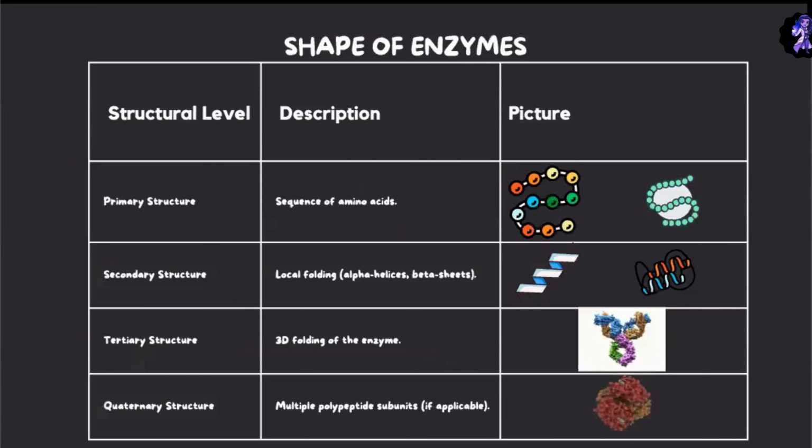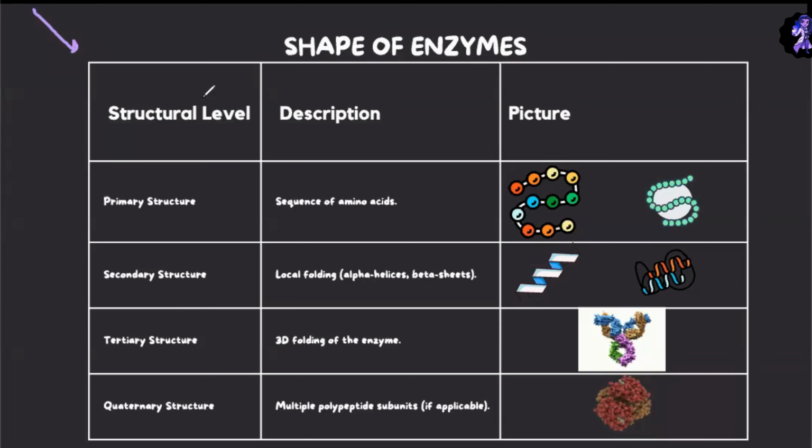Now, when we talk about enzymes, we can talk about how they get to where they are by different structural levels. What I created here is a little table, and this is going to help you understand the four structures of how enzymes come to be.